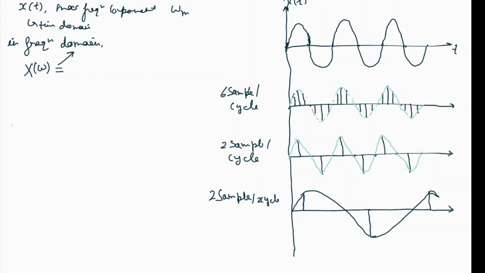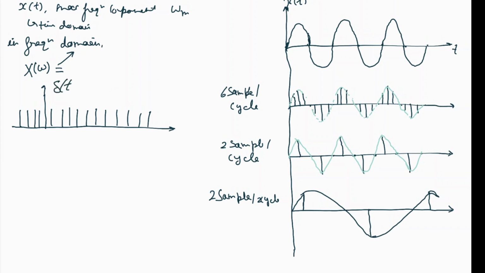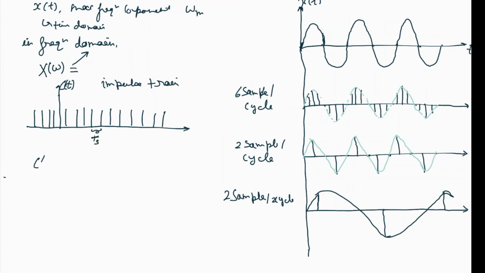So in time domain it is x(t), in frequency domain it is X(omega), and we are sampling it using an impulse train signal with the time period between two samples Ts, or the sampling frequency fs, which is 1 upon Ts. The time domain signal representation is c(t).